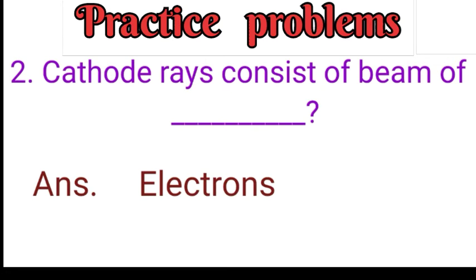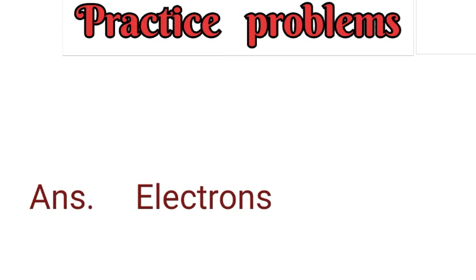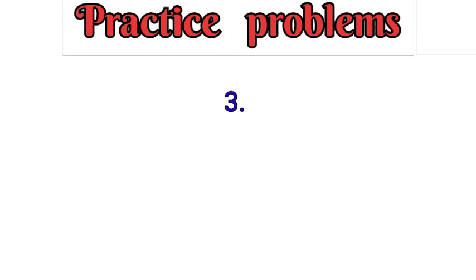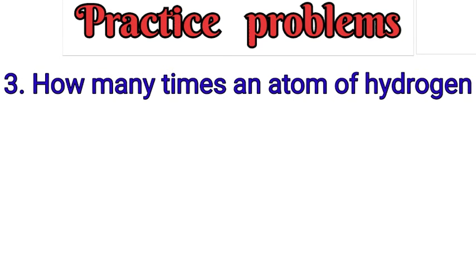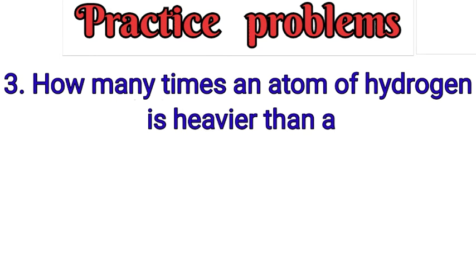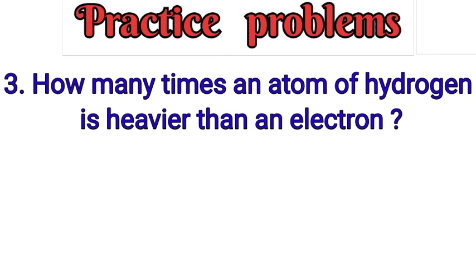Okay, now let's come to the next question. How many times an atom of hydrogen is heavier than an electron? So guys, when we were doing the theory portion, we have seen that the mass of electron is 1 by 1840 times that of hydrogen atom, isn't it?